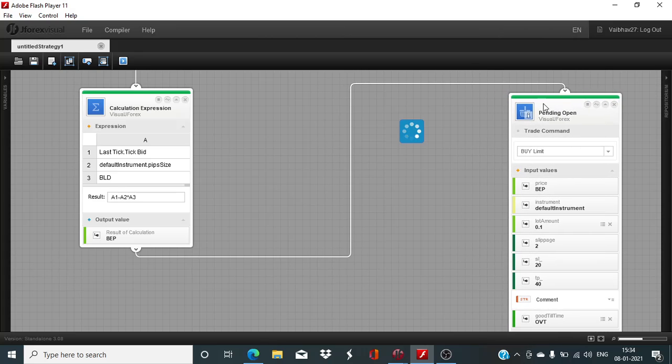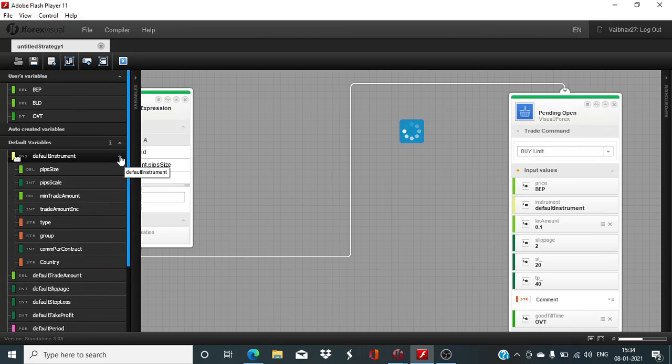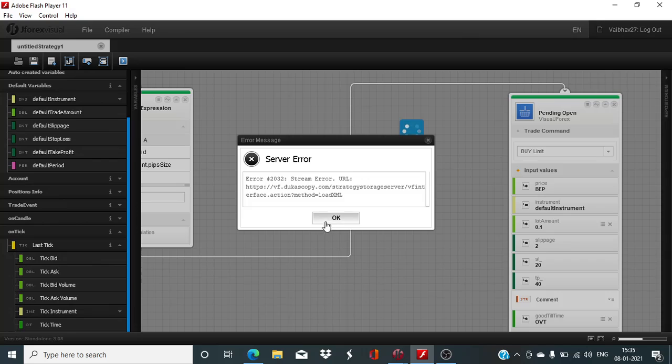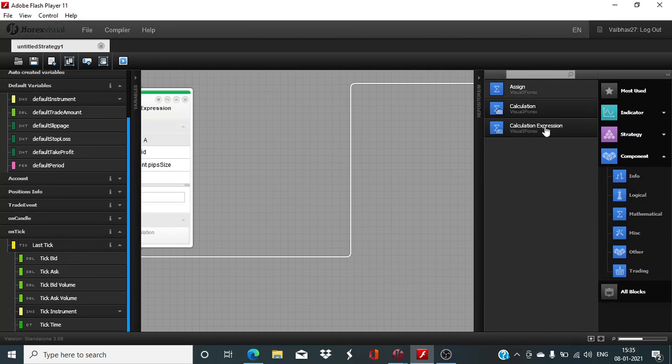It's taking a bit more time. Till then we will take a look on the kind of parameters which we will need to define. Okay, so here it is. Oh, some error has occurred. Let me try it once again. I think some problem is there with the internet connection. Now if I have to change the internet connection, it will take a bit more time.